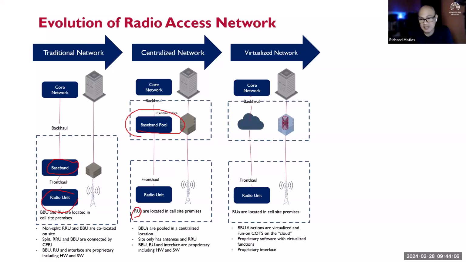But the main problem here is that even though the functionalities are virtualized, it's still proprietary. We still don't know what's happening inside. Although we have an overview of the standard protocols, the main reason why some equipment is not talking to each other is still invisible to us. So that's why a virtualized network is still not an Open RAN system.